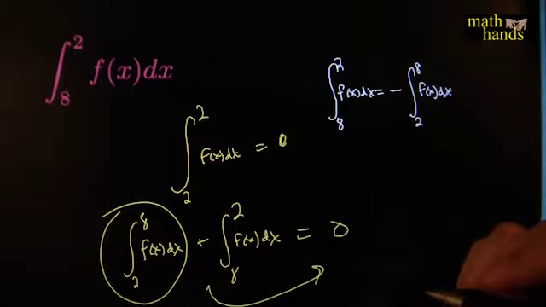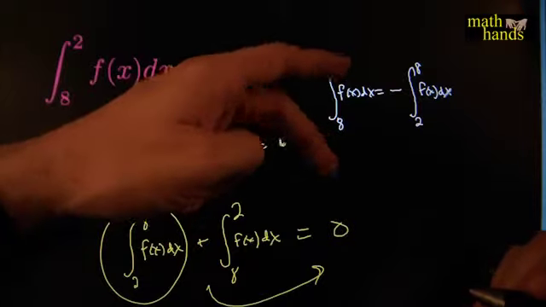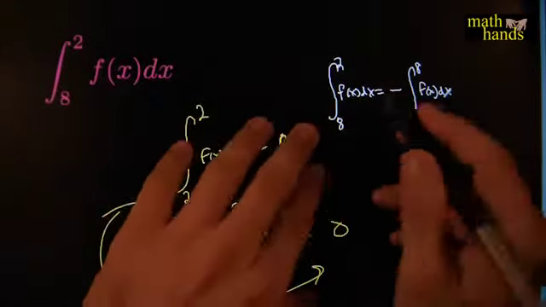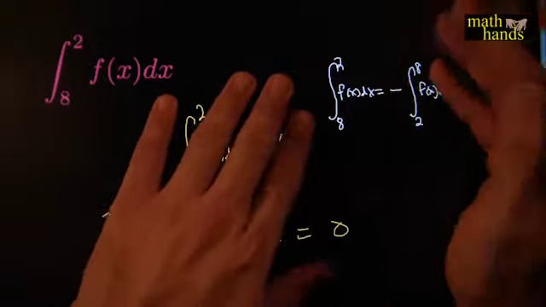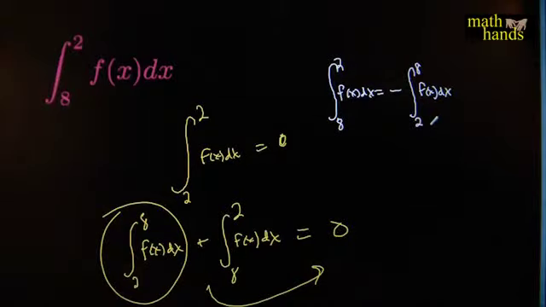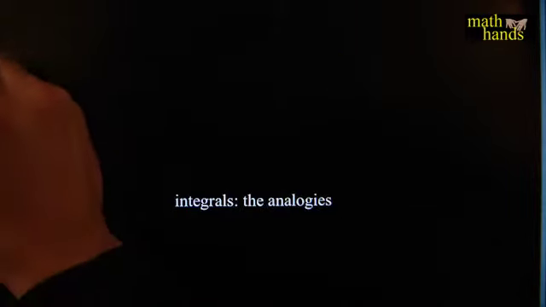Meaning that switching the limits has the effect of just changing the sign. If this one was equal to 8, then when you switch it, you get negative 8. That's the switch property. I can summarize it like this.